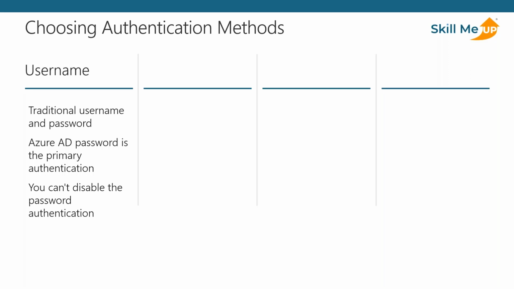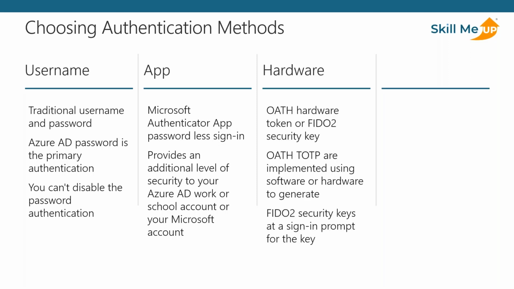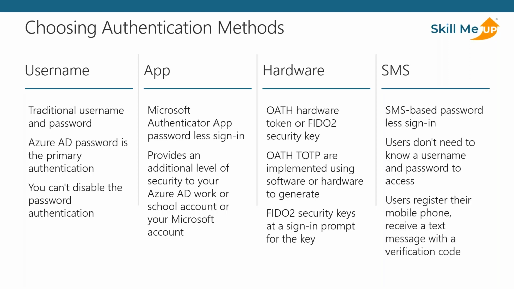You can't disable this either. You can't suddenly switch off the idea of passing a username and password. We then have what's called the app, so utilizing the Microsoft Authenticator app for a passwordless sign-in. This provides an additional level of security. And that's more of a recent one. And then, of course, we have what's referred to as SMS.